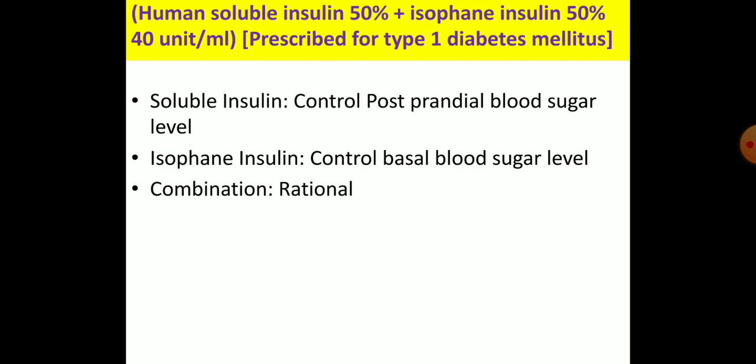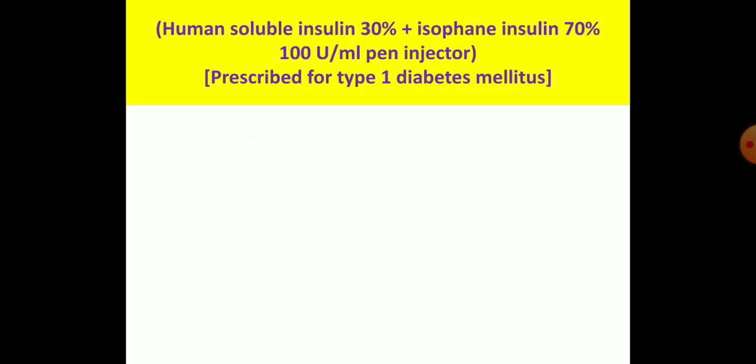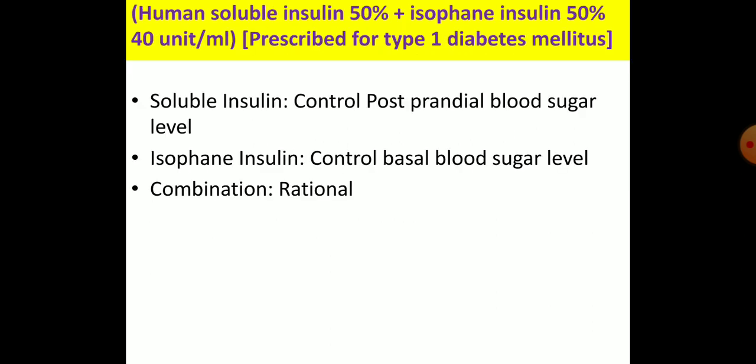If you give the combination, you all know that in diabetes we need control of both postprandial blood sugar as well as basal blood sugar level, and that's why the combination is rational. Here the combination is available as 50-50, while the same can be available as regular or soluble insulin 30% and isophane insulin 70%.